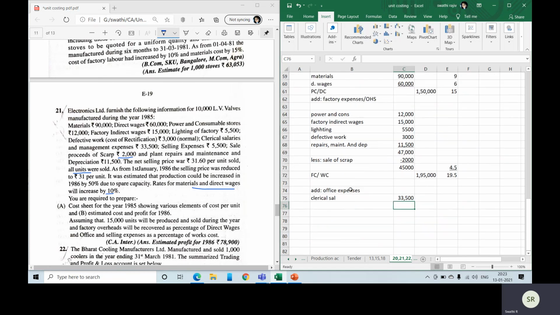The cost that we will be getting, we will call our cost of production or total cost, and that is going to be your works cost plus administration expenditure, 2,28,500. Dividing by the units, the unit cost together we will get 22.85.